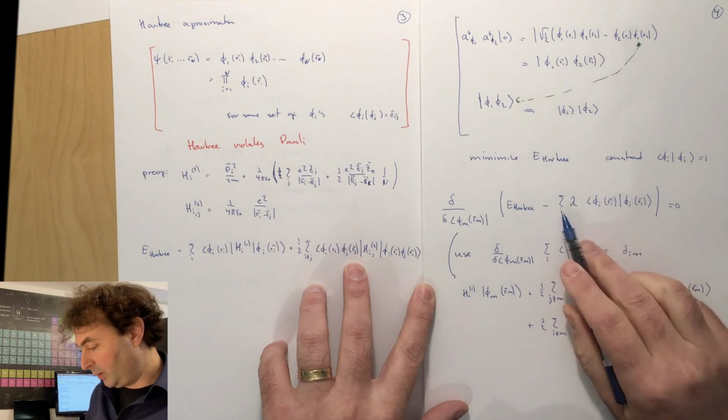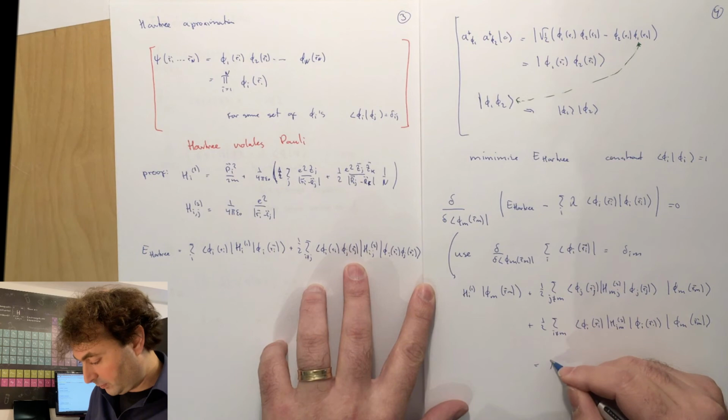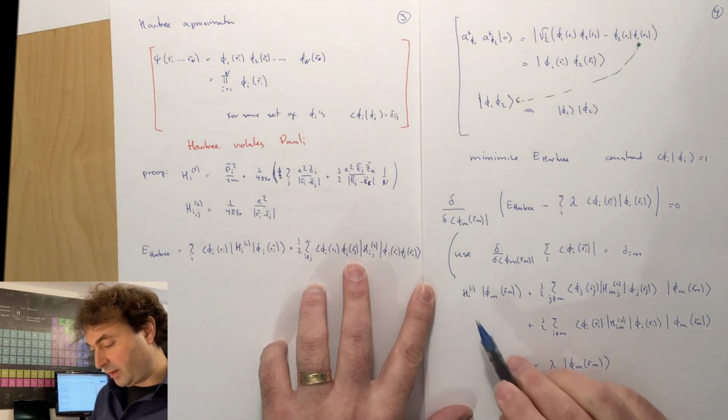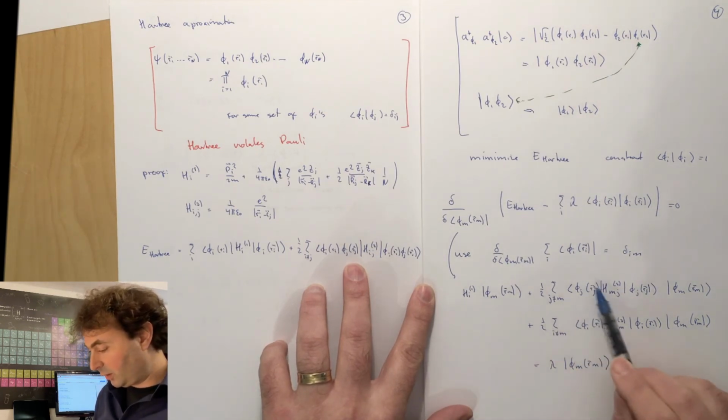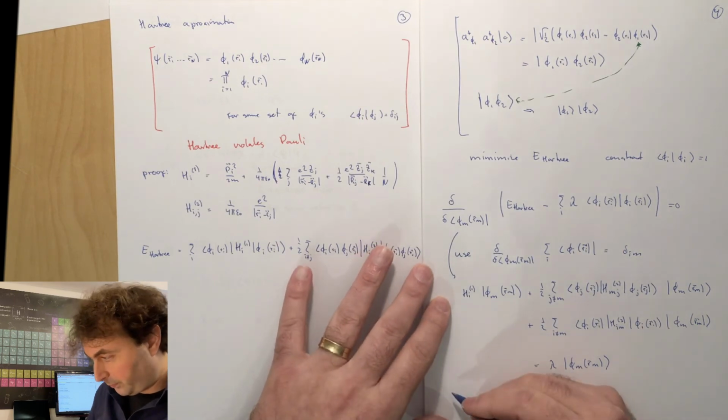And this has to be equal to lambda times psi m. So what we have left here is an eigenvalue equation: h1 plus this term plus that term, times our wave function, is lambda times the wave function.